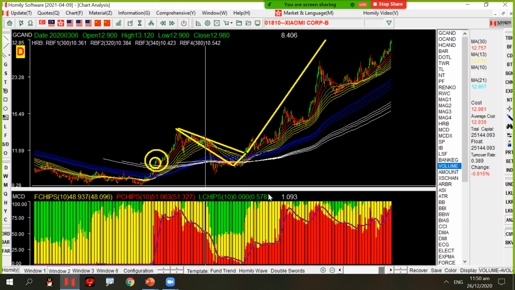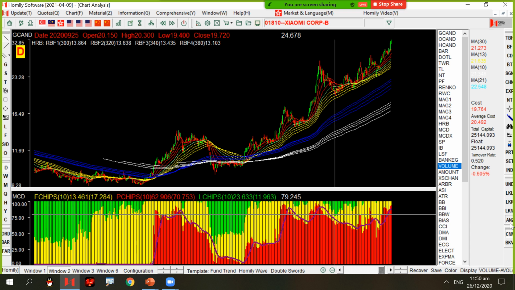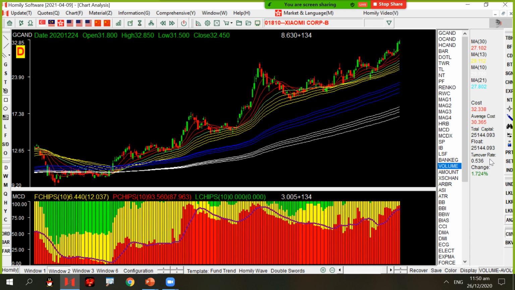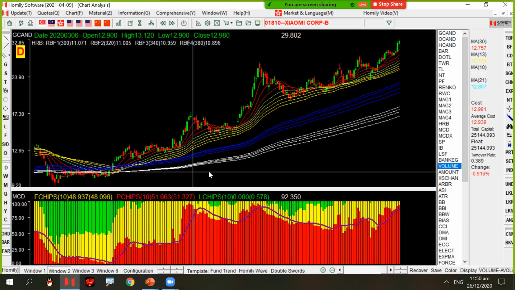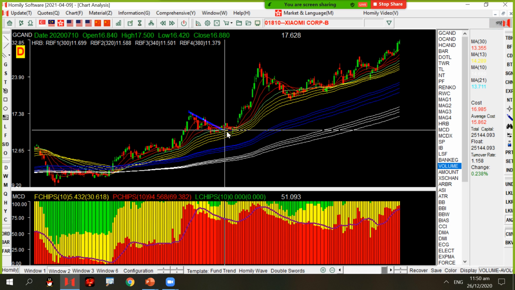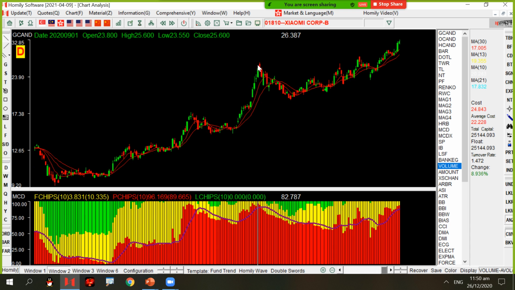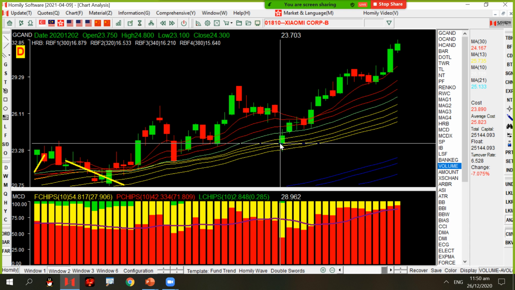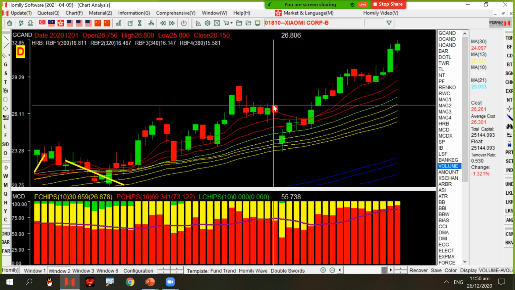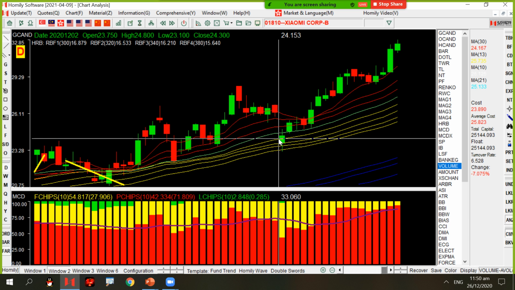Black horse coming. But then how to buy? John, then how to buy? You can use the red and black circle. You also can use the yellow rainbow. Drop down, touch the yellow rainbow, lower. Higher, lower, higher, right? I remember this day, because of the bad news, it gapped down a lot.